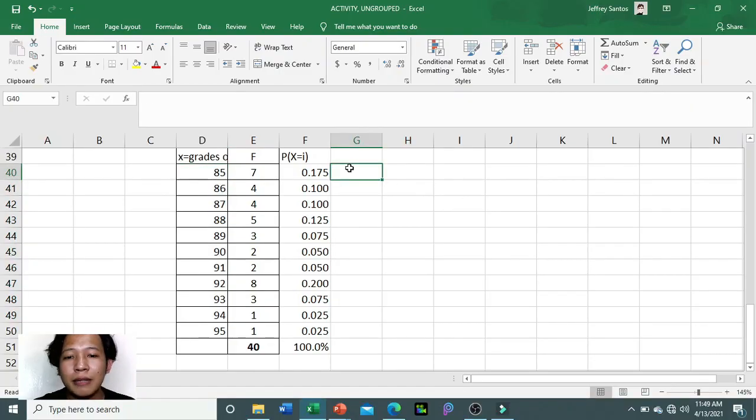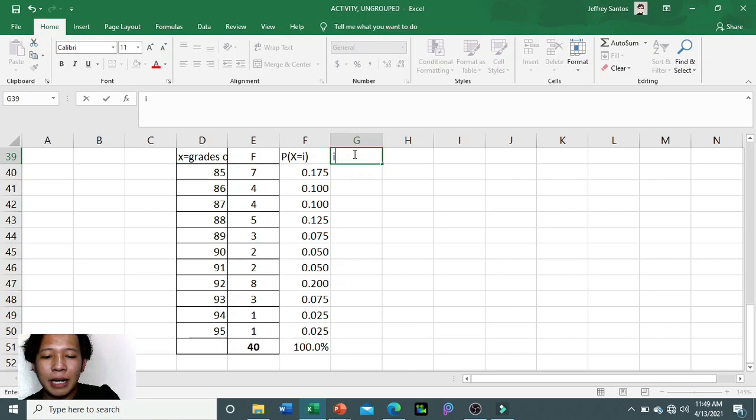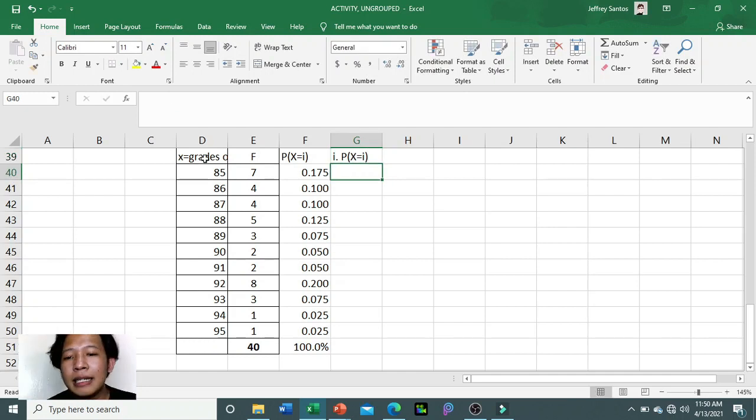So what we simply have here is i multiplied by its corresponding probability. The i that we are talking about is our grade, the possible outcomes of our random variable.